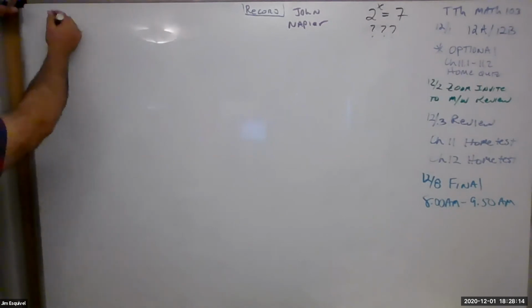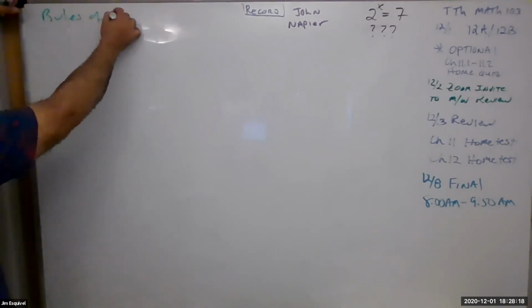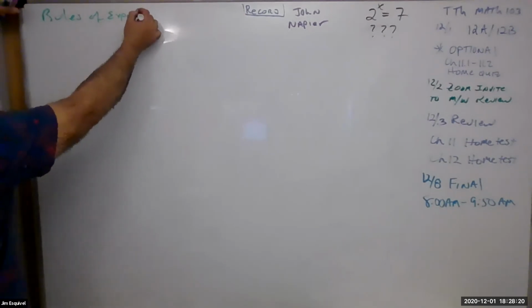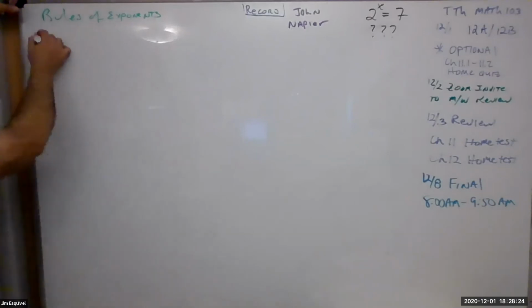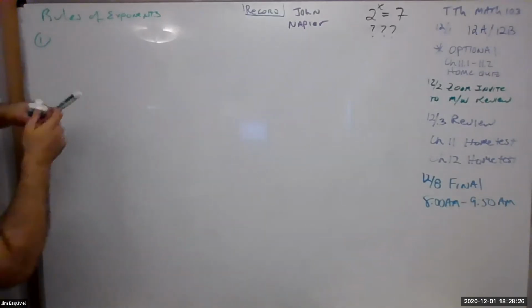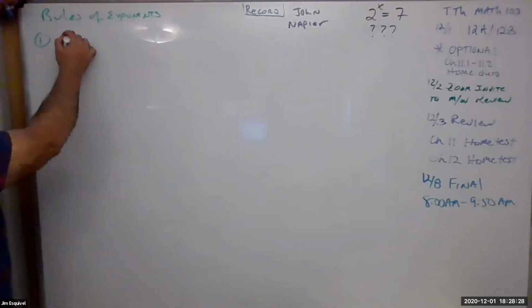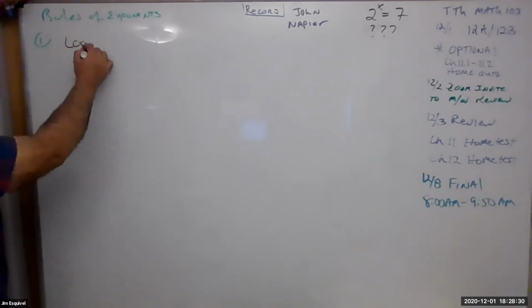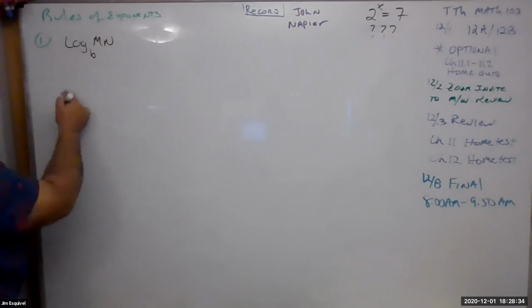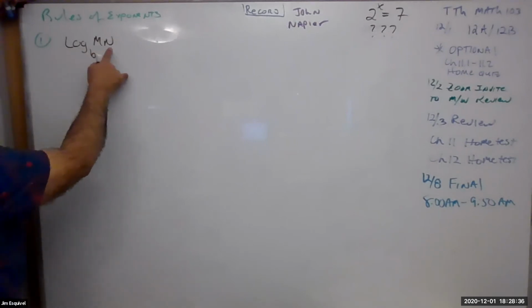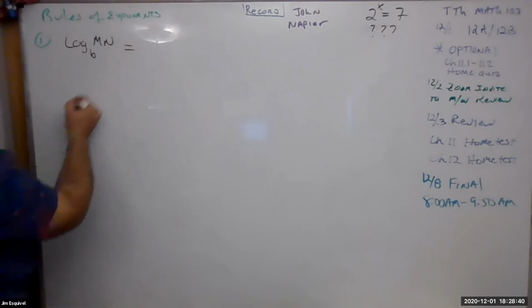Here are the rules. The rules of logarithms, there's 3 of them. And remember, these equals go both ways. The first one: if you have log base b of multiplication, m times n, two things multiplied together, then you can split it up.